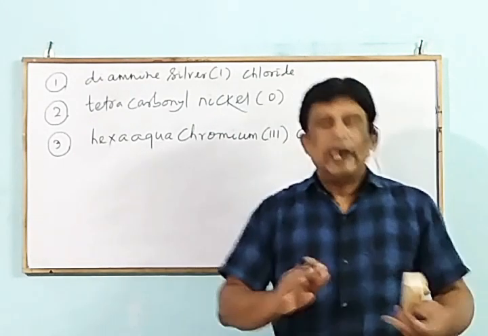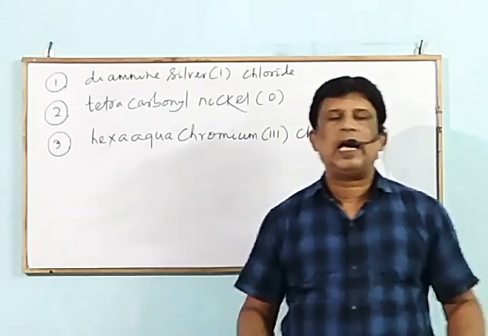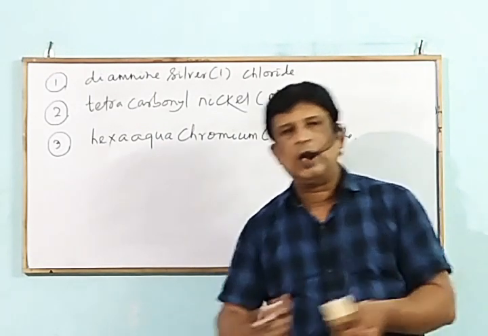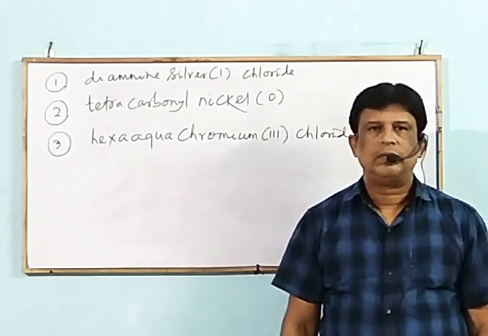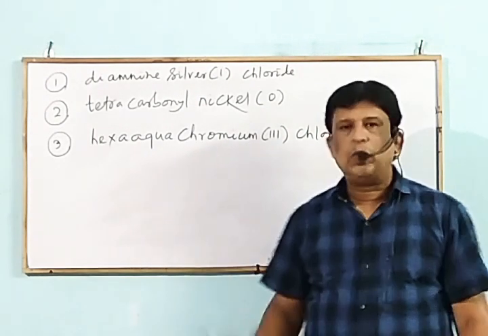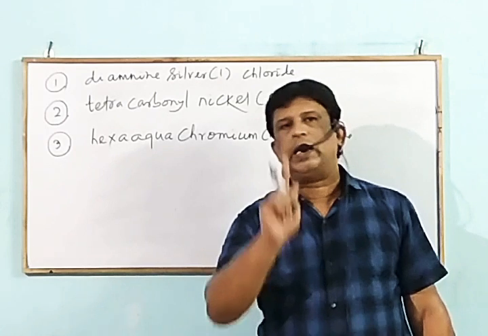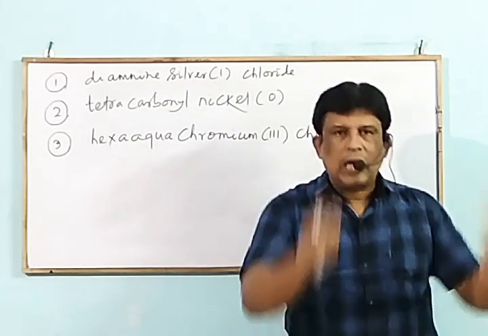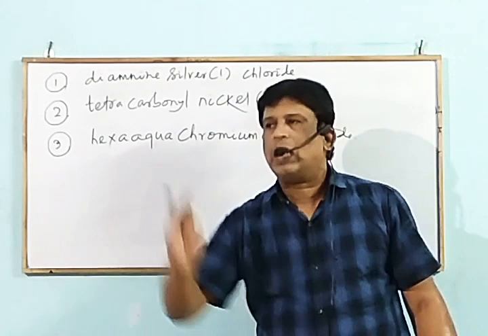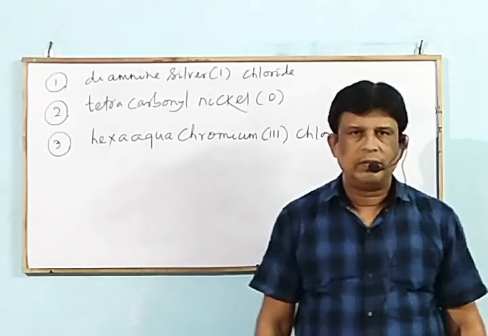Next, if more than one ligand is there, irrespective of their nature and charge, we write them in alphabetical order. And the last one is, while writing the formula of a complex, the total charge on the cation must be equal to the total charge on the anion.